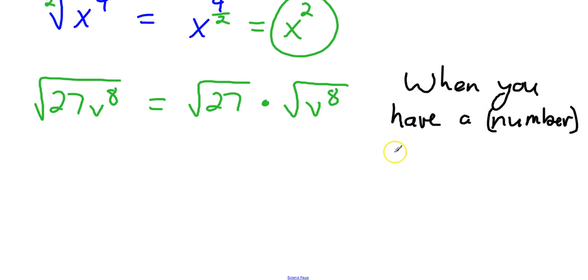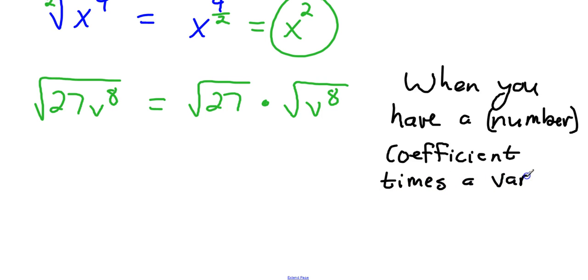When you have a number, which they're going to call the coefficient, times a variable, that's when you separate those two into two separate parts.